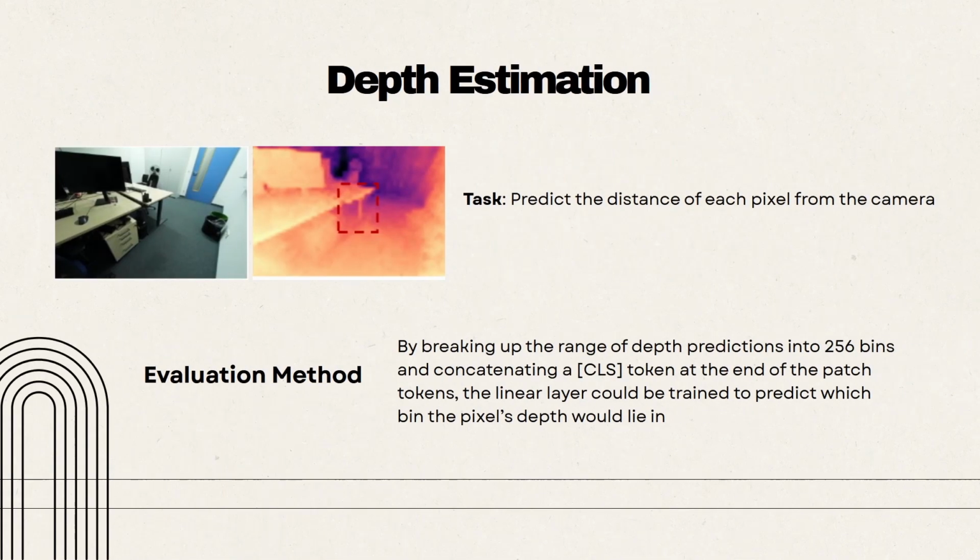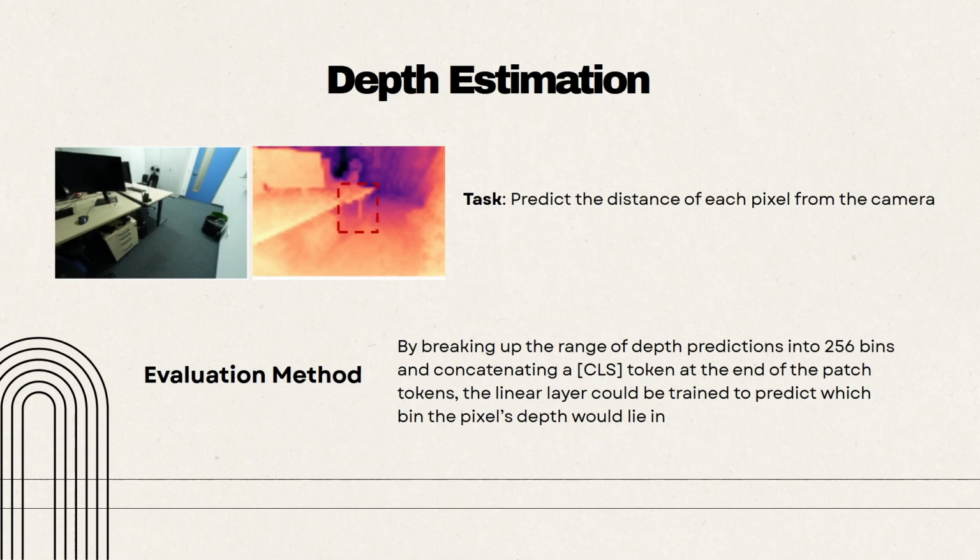This task entailed predicting the distance of each pixel from the camera, effectively generating a depth map of the scene. The evaluation method was by breaking up the range of depth predictions into 256 bins and concatenating a class token at the end of the patch tokens. The linear layer could be trained to predict which bin the pixel's depth would lie in.